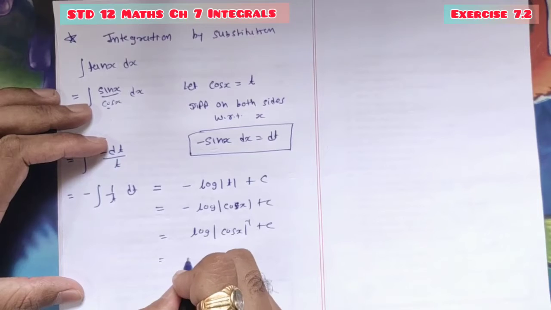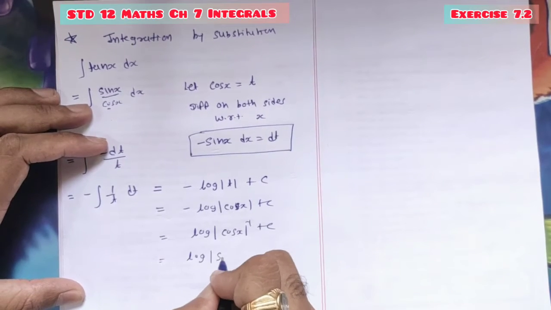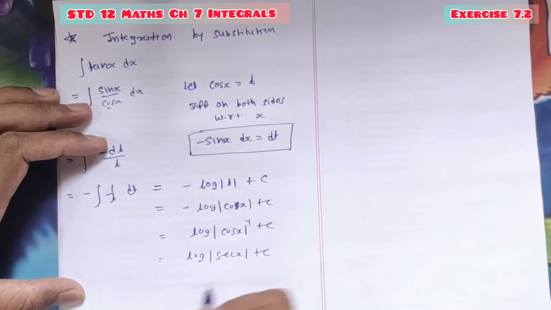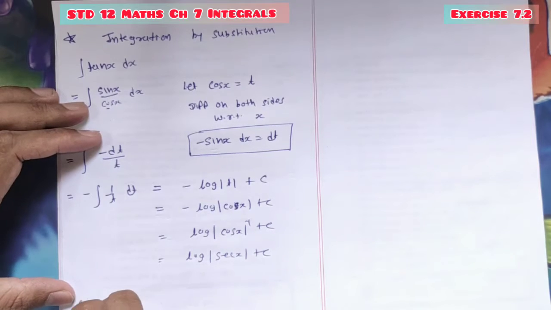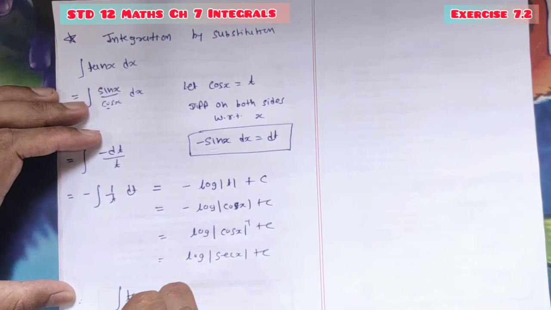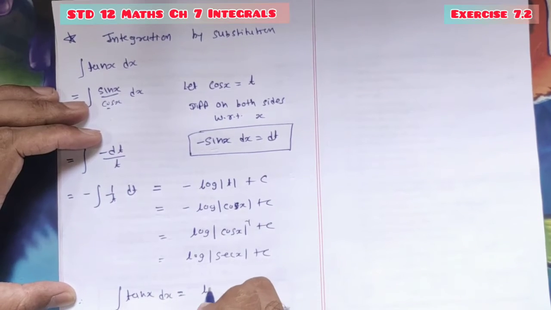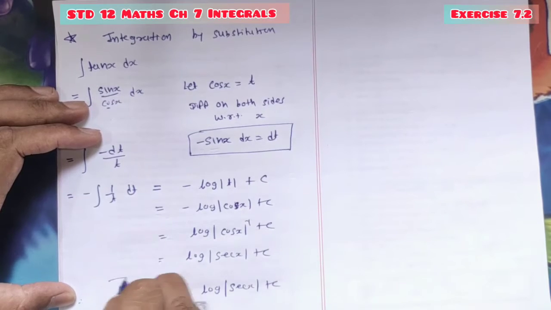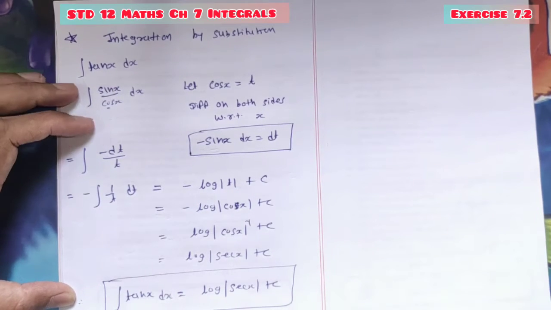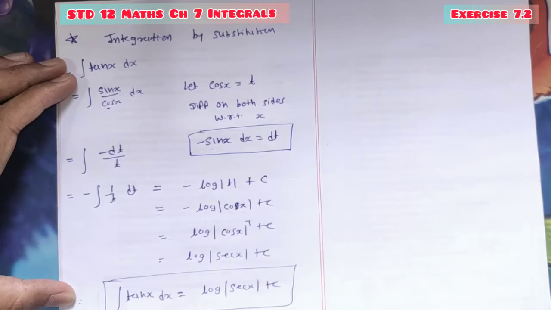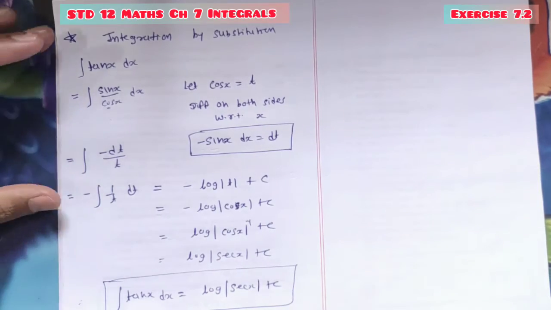So this is nothing but the log mod sec x plus c. So now our formula of integration of tan x is nothing but the log mod sec x plus c. Derive this formula by using the method of substitution.